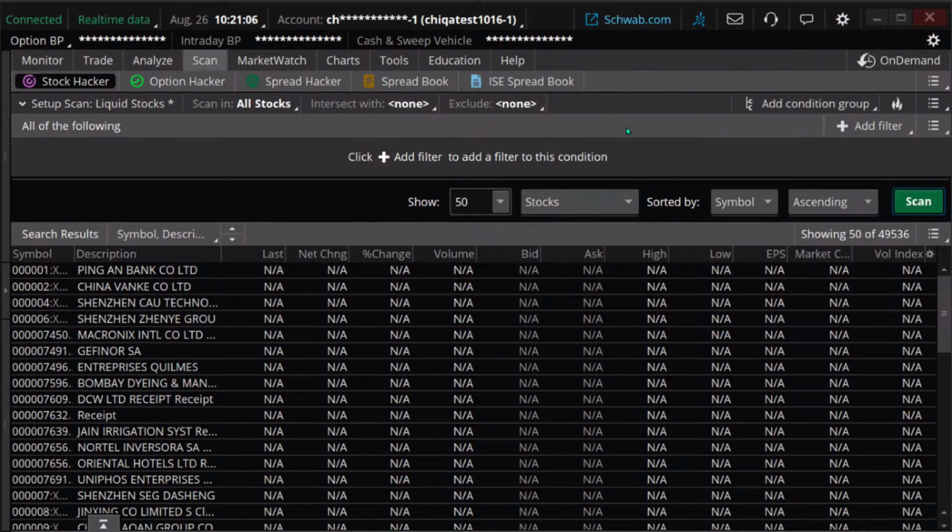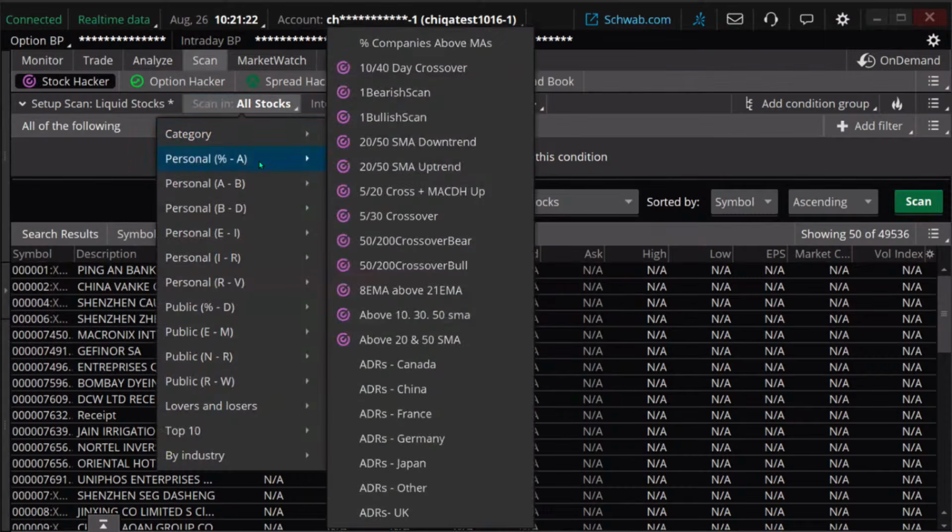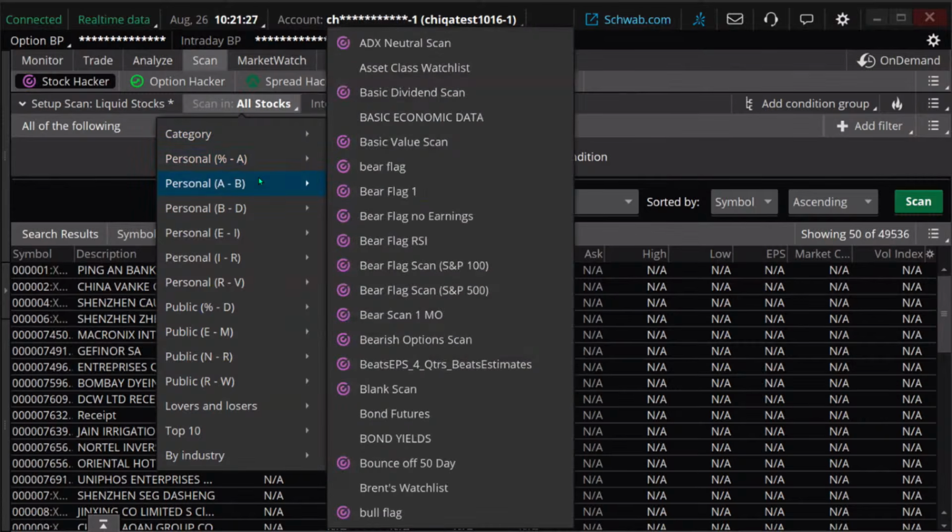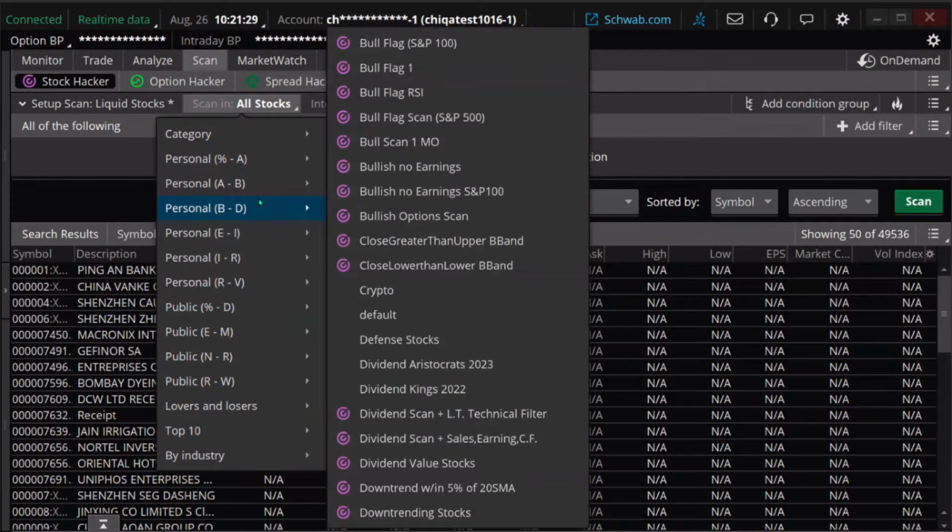But the nice thing about having saved the liquid stock scan is I can then use that as a filter on additional scans I want to create. So instead of scanning all stocks, I can go to my personal scans that I've saved.